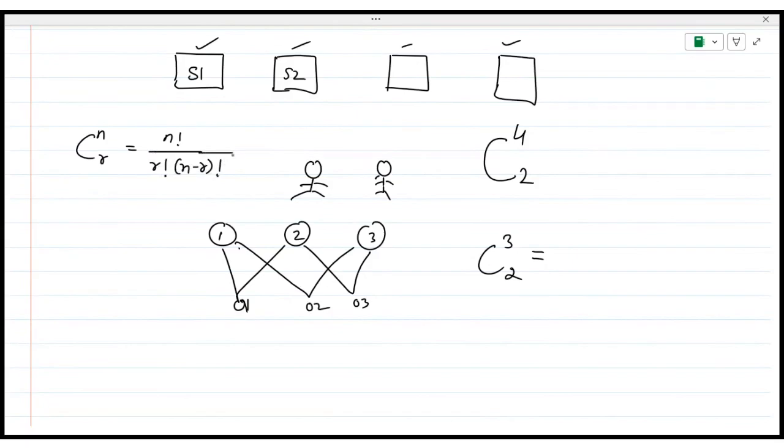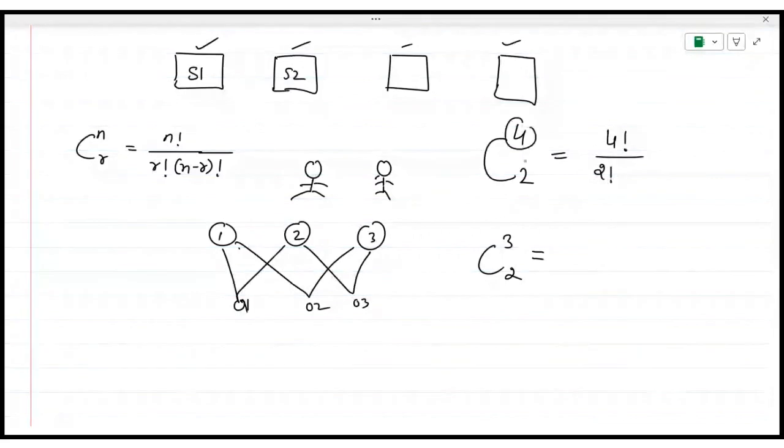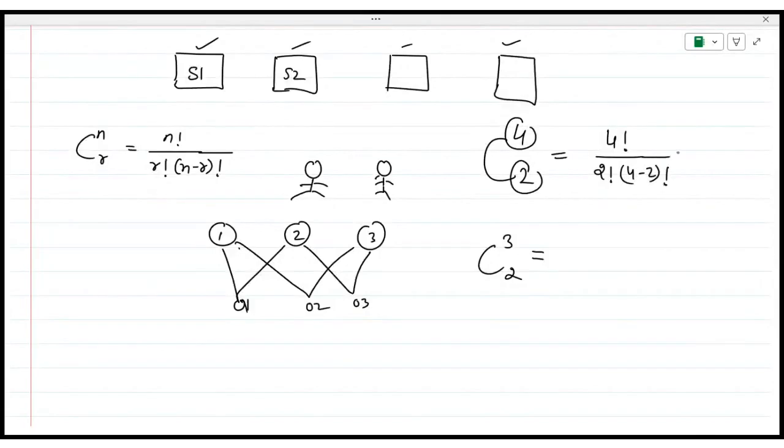For example, for 4C2, n is 4 and r is 2, so 4 factorial divided by 2 factorial into (4 minus 2) factorial. 4 factorial means 4 into 3 into 2 into 1. 2 factorial means 2 into 1. Again 2 factorial. So this 2 and this 2 will cancel out, and 4 and this 2 will cancel out. So we get 2 into 3, 6.